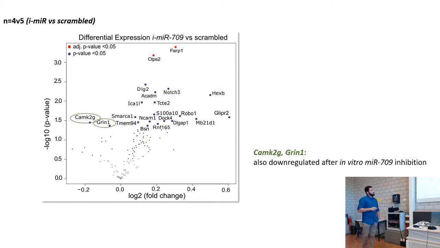And these 2 genes were also found to be downregulated in vitro, as well as in vivo. So why am I showing these genes? Because basically there is more proof. There are indications that these genes might be a good candidate to continue researching the downstream mechanisms of 709, regulated pathways.